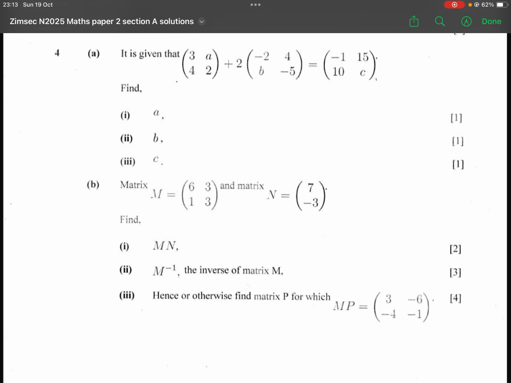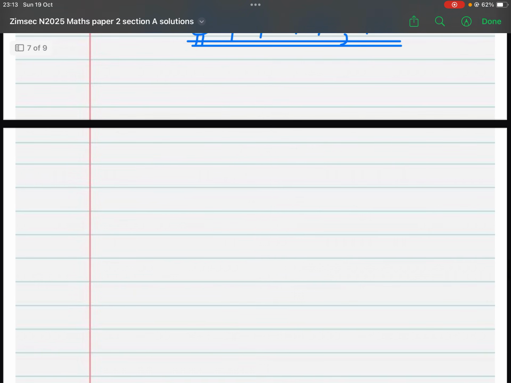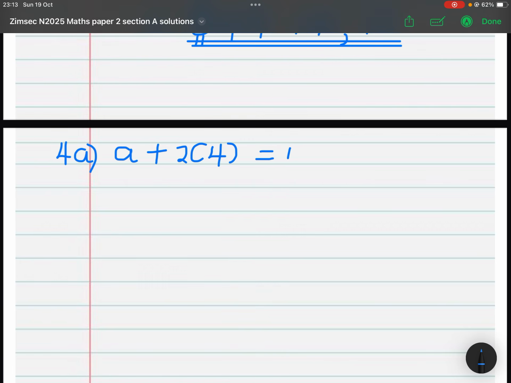So if we say a plus 2 times 4, we are going to get our answer, 15. So we just need to make a the subject of formula. So let us write this down. We are now on number 4. So we are saying a plus 2 times 4 is equal to 15.